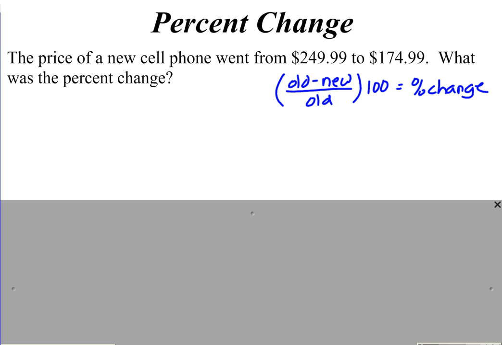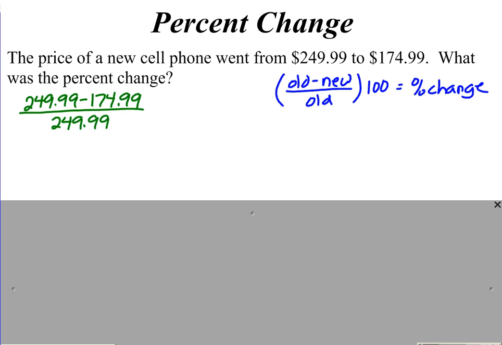Use that formula. So in this case, the price of a new cell phone went from $249.99 to $174.99. What was the percent change? Old price in this case, $249.99, minus the new price, $174.99, divided by the old price, which was $249.99.